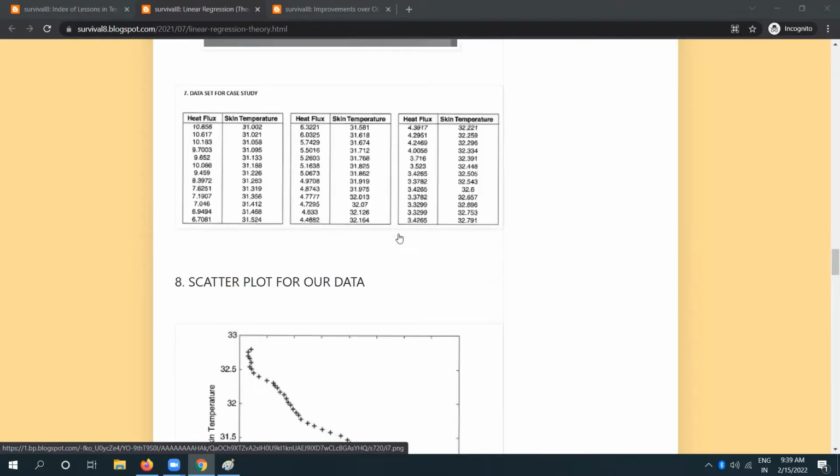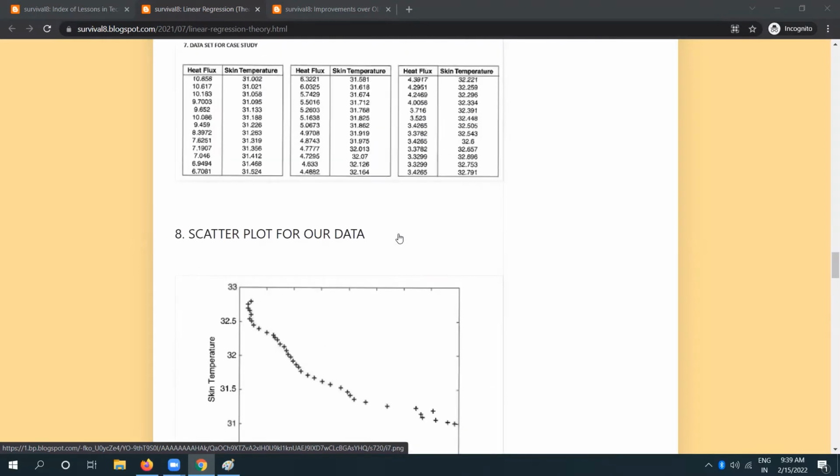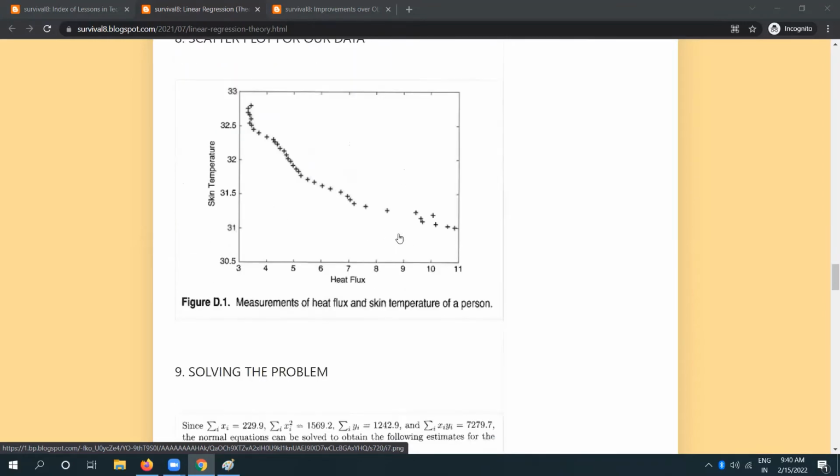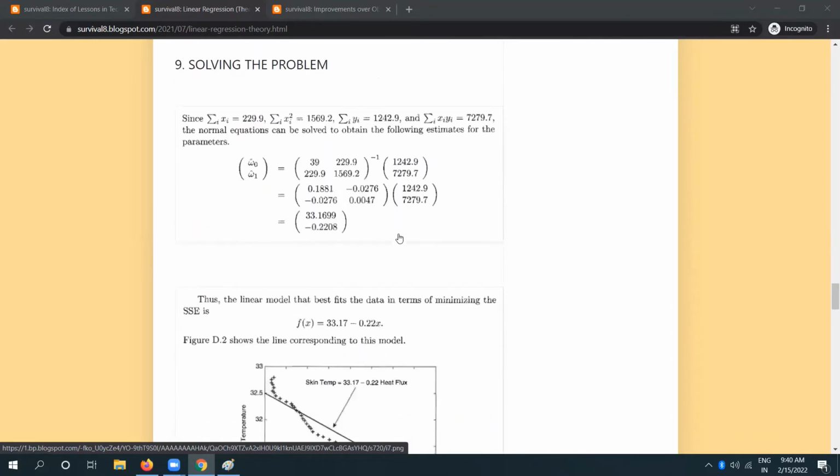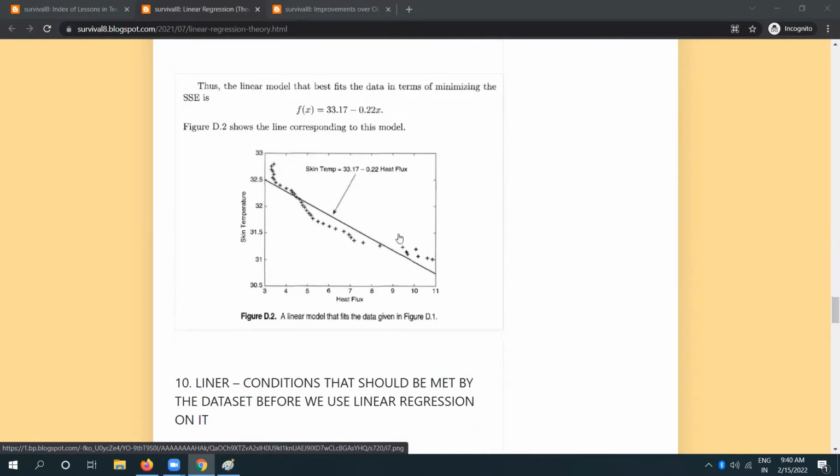This is an example, a mathematical example that the book was referring to, and you can go through it at a later point of time. But basically what it's trying to show is it's trying to predict the skin temperature. It's trying to fit a line to a set of data points, predicting the skin temperature with respect to heat flux.